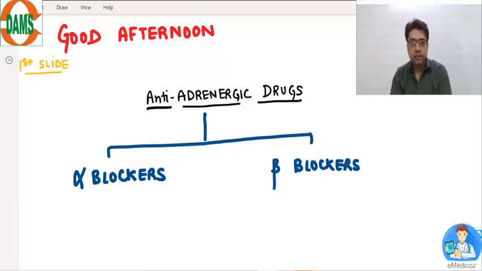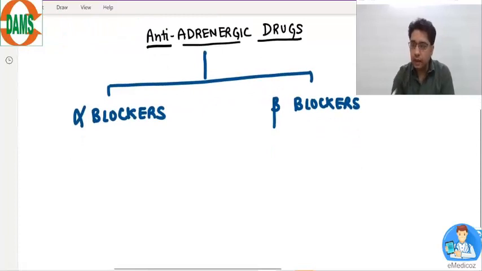Okay, so this is the first slide of the day. Let's start with alpha blockers and beta blockers. First, let's compare the differences between alpha blocker and beta blocker. What is the difference? Comparison.